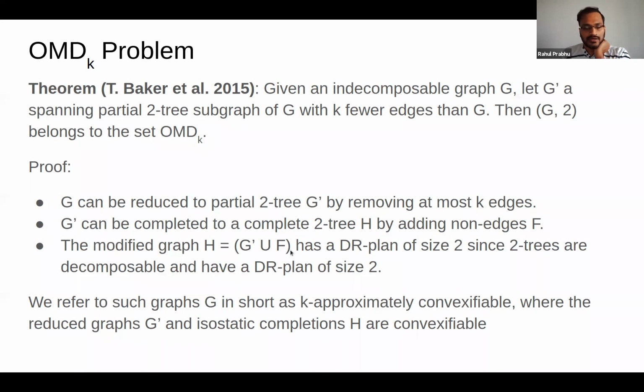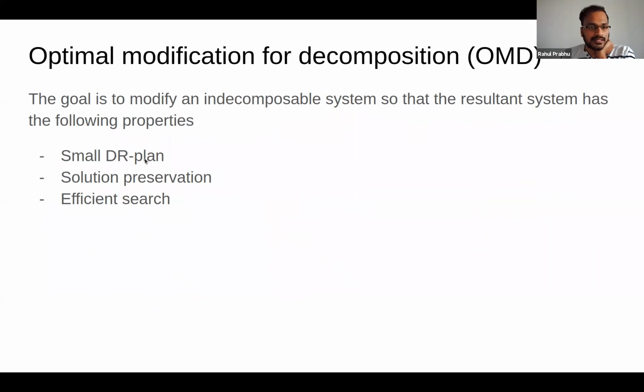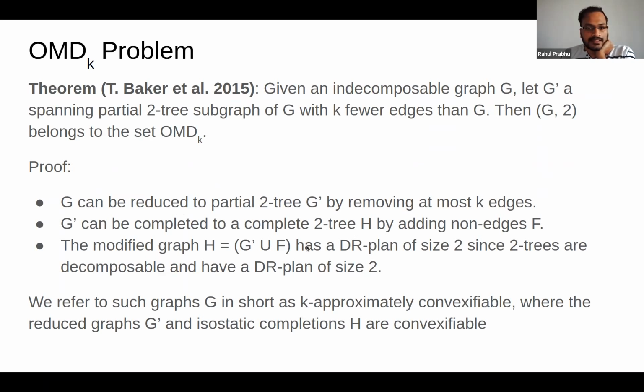You may notice that I listed 3 properties earlier: small DR plan, solution preservation, and efficient search. This addresses 2 of the problems, but it does not say anything about being able to efficiently find a solution for the original graph G. That's where the idea of convex Cayley configuration spaces comes in.